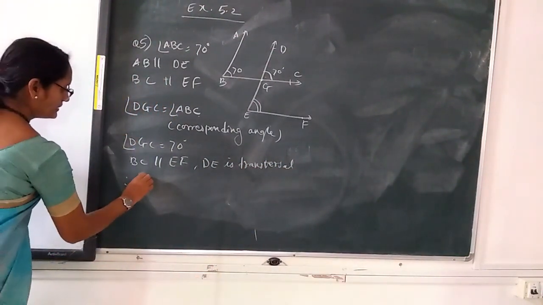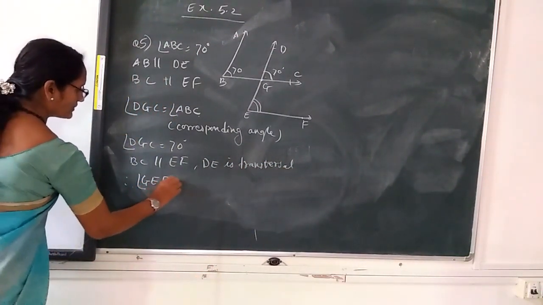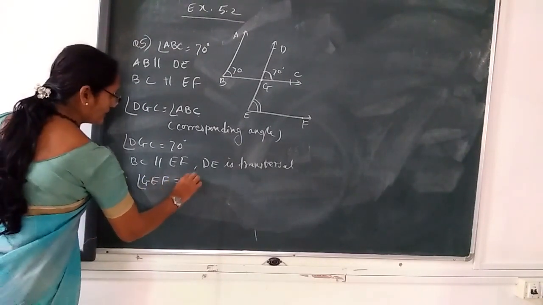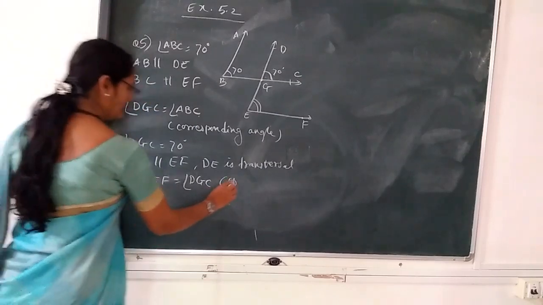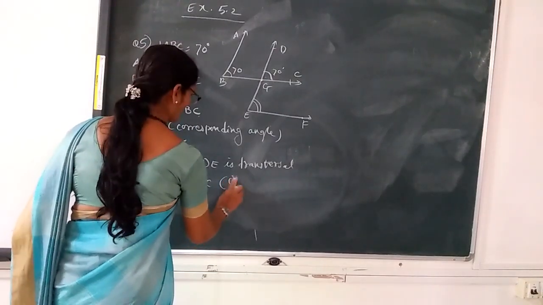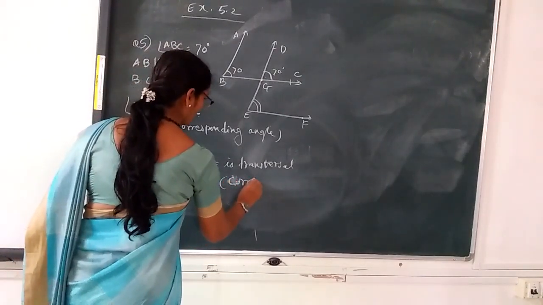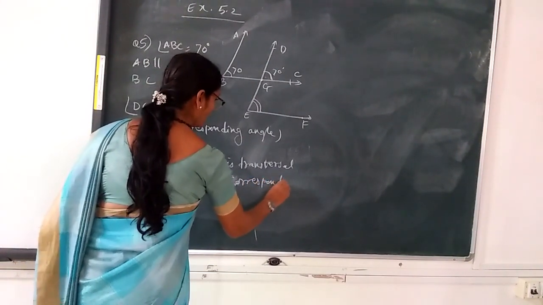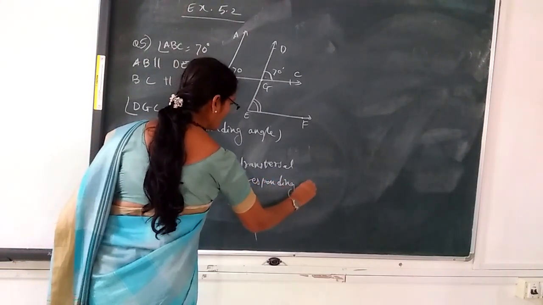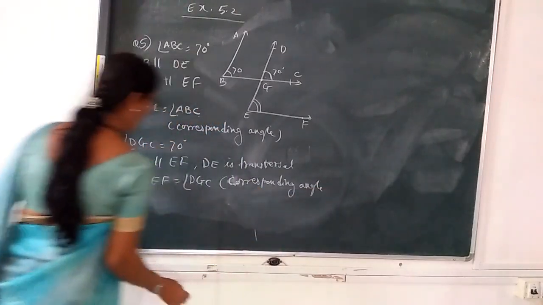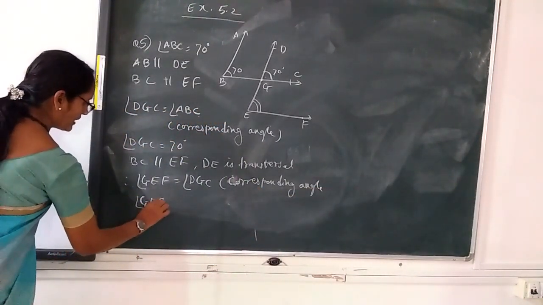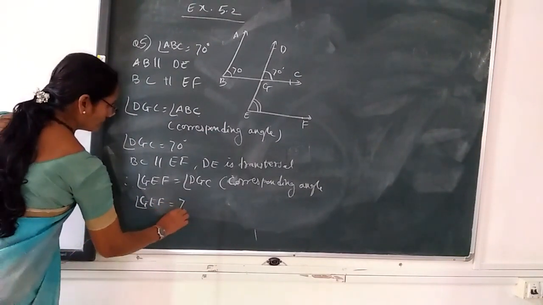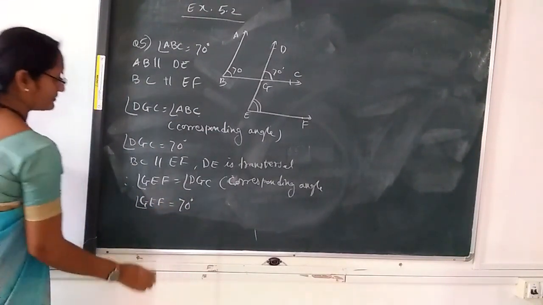Therefore, angle GEF is equal to angle DGC. Reason: corresponding angle. So GEF will be equal to 70 degrees.